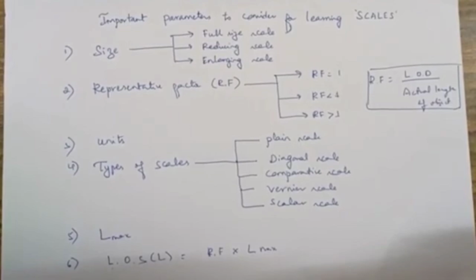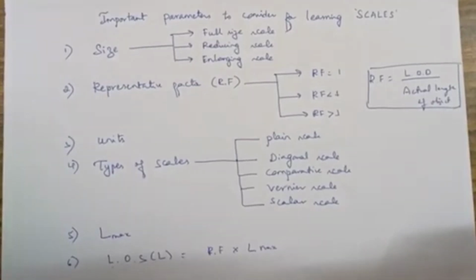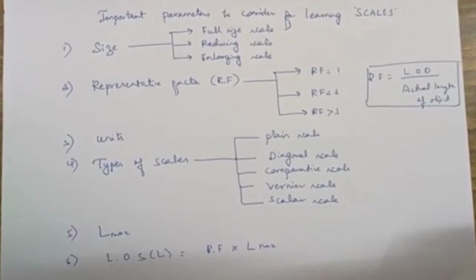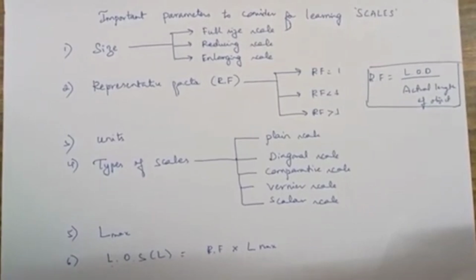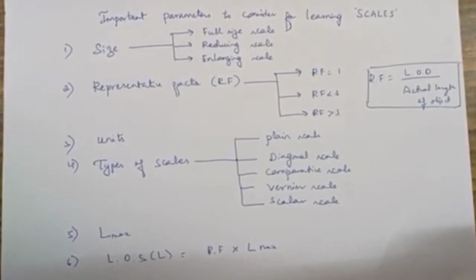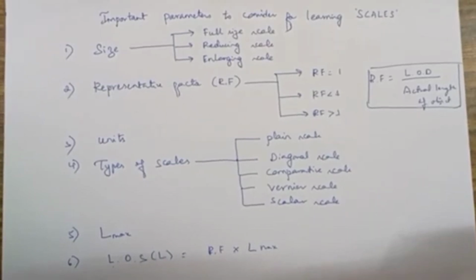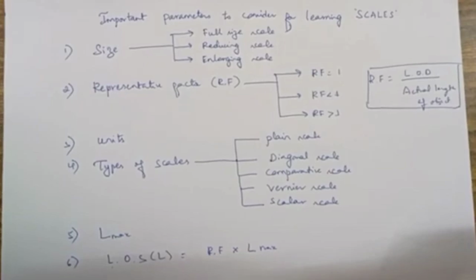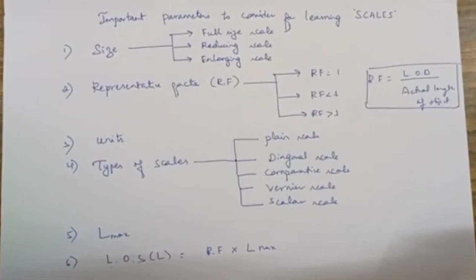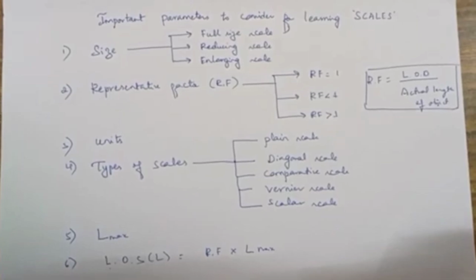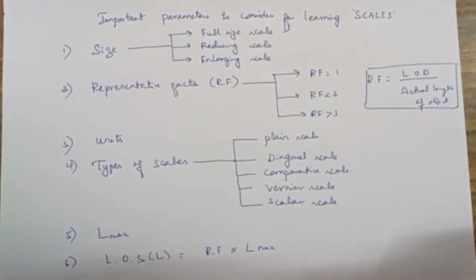Using the representative factor we can reduce the maximum size into the required size, and we can enlarge the minute size into the actual scale. Using different types of units we can do the conversions. Different types of scales are used based on the requirement, like plane scale, diagonal scale, comparative scale, Vernier scale, and scalar scale. And Lmax is the maximum length of the object we should consider when drawing it.